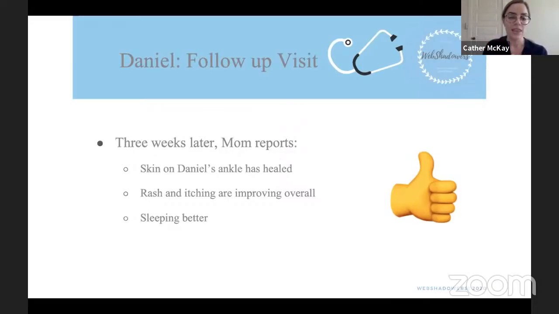And then see you back, and we'll talk about maintenance and how to transition from flare treatment to maintenance treatment, because you pretty much always have to treat atopic dermatitis in some ways, depending on the severity. But so his skin on his ankle has healed, his rash and his itching are overall improving, and he's sleeping better. So they're happy.